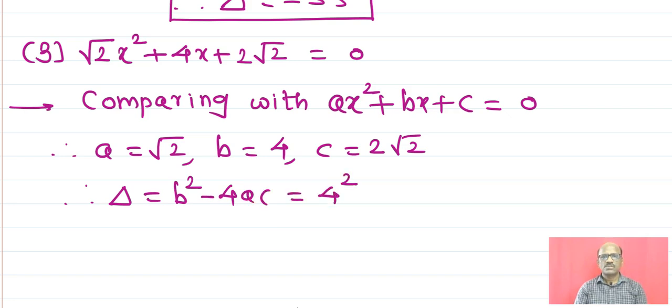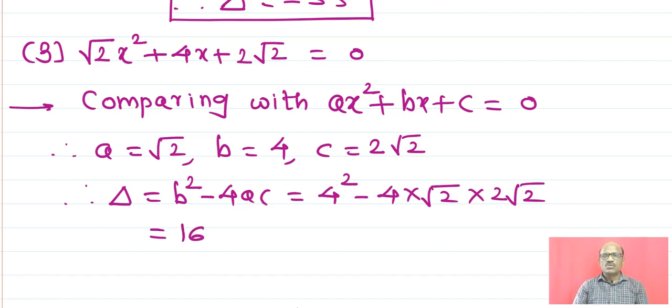That is equal to 4 square minus 4, a means root 2, into 2 root 2. Therefore, 16 minus root 2 into root 2, 2, 2 into 2 is 4, 4 into again 4, that is 16 minus 16, that is equal to 0.